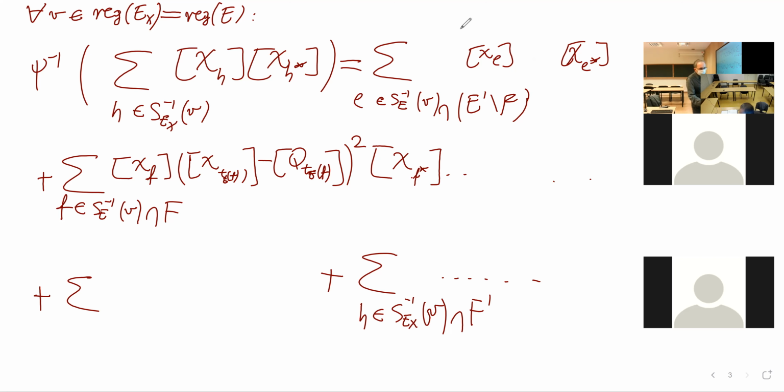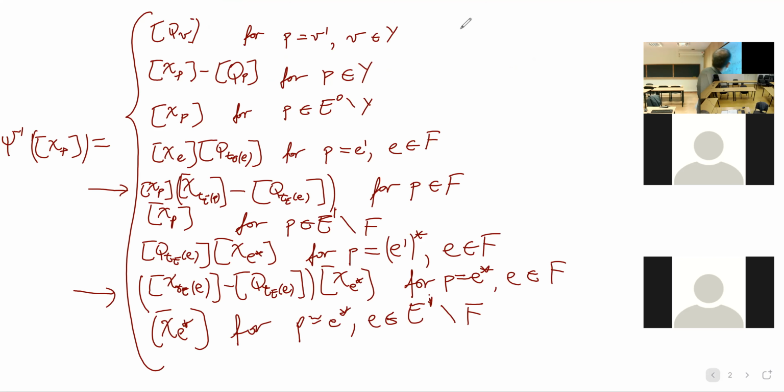That's just by this formula for psi inverse. If my P is in F, but not in F prime, I have a certain formula, everything happens in the subgraph. But now I am beyond the subgraph E, I'm really in EX. I'm talking about something which is in F prime. So that's this formula.